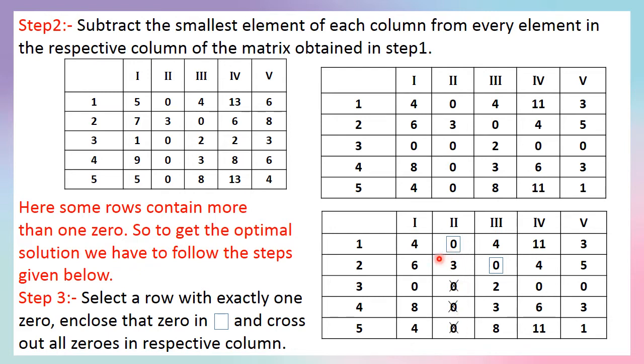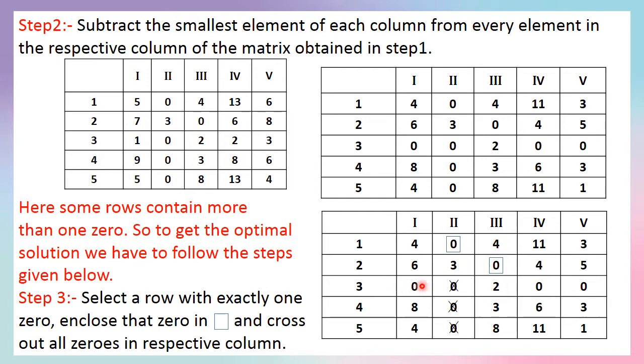Now we go to the second row. In the second row there is only 1 zero, in the third column. So we will make the assignment here also. And you can see that there are no more zeros in this step.